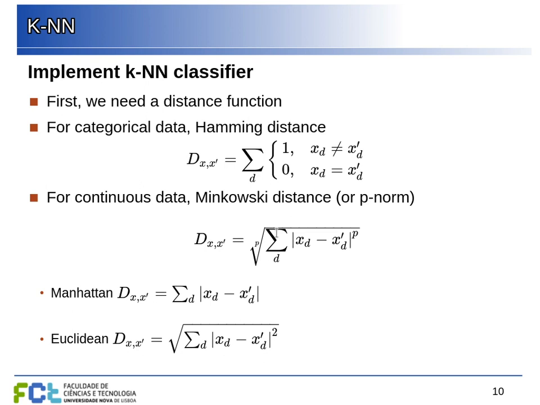The p-th root of the sum of the absolute values of the differences in the continuous features raised to the power of p. So if we are using Manhattan distance, for example, then p equals 1, and we just have the sum of the absolute values of the differences.